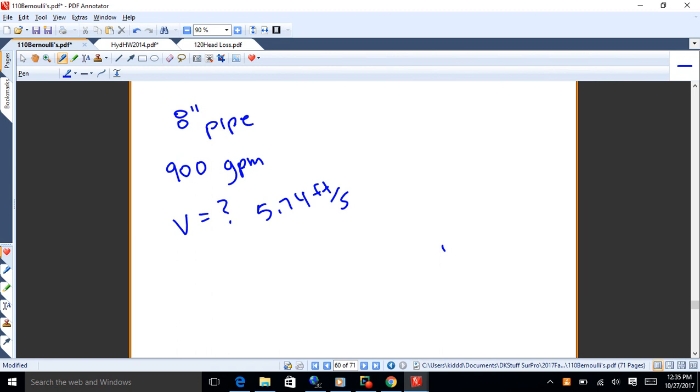Now here's the trick. Look on page 108. Chart. Yeah, there's a chart, okay? And that's a good one, okay? So that has head loss calculated on it too, but another nice little feature of that is it's got velocity.